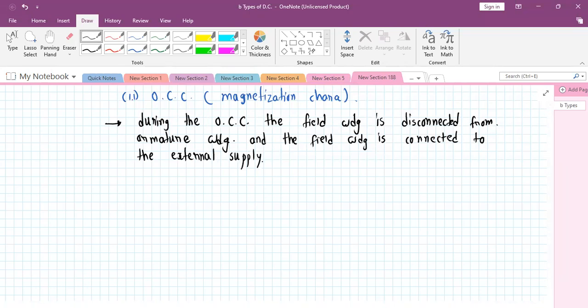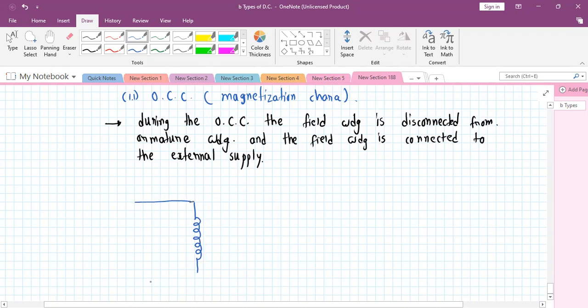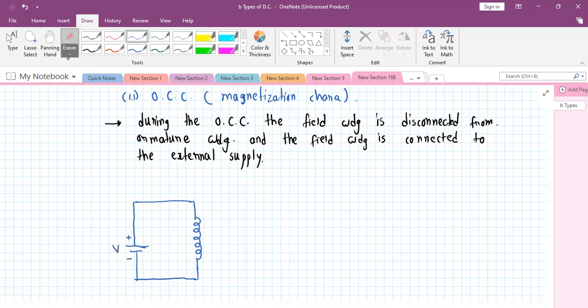So how does it look? Say, for example, consider that this is your field winding, and we are giving an external DC voltage to this. Here in series, we are connecting a resistance, a rheostat, to change the current.